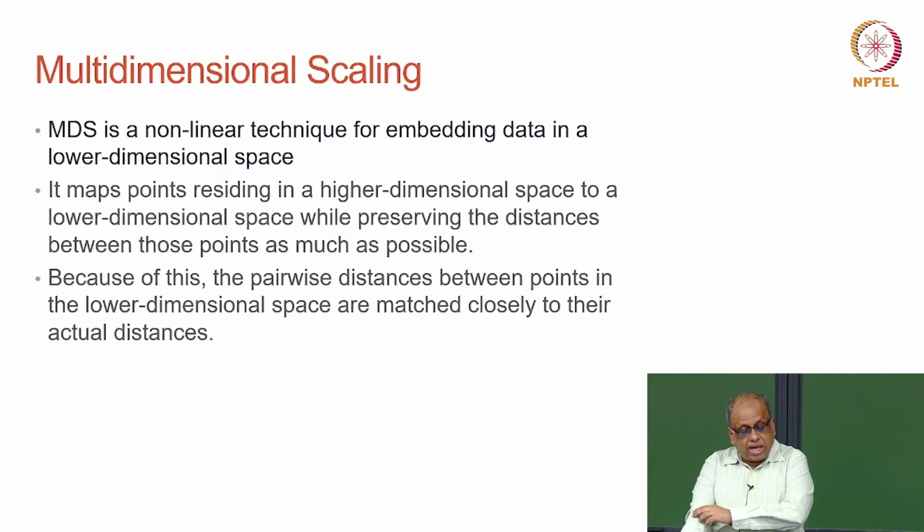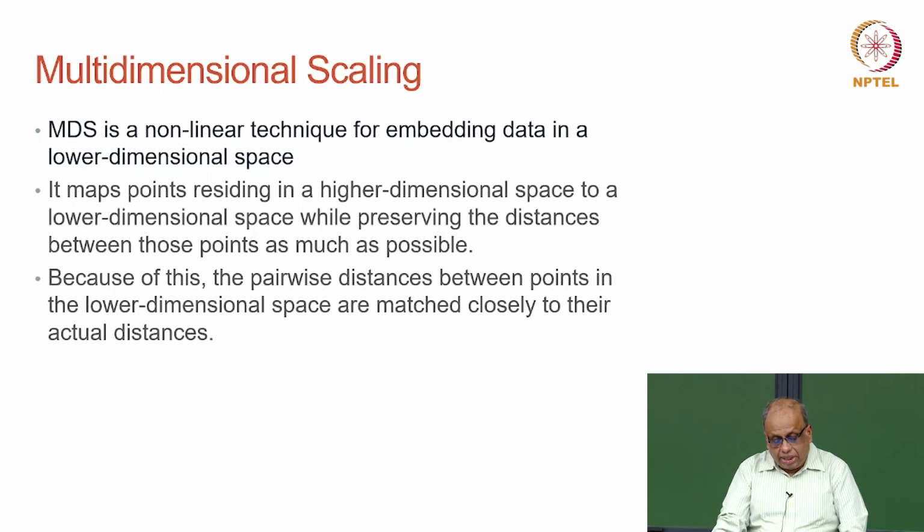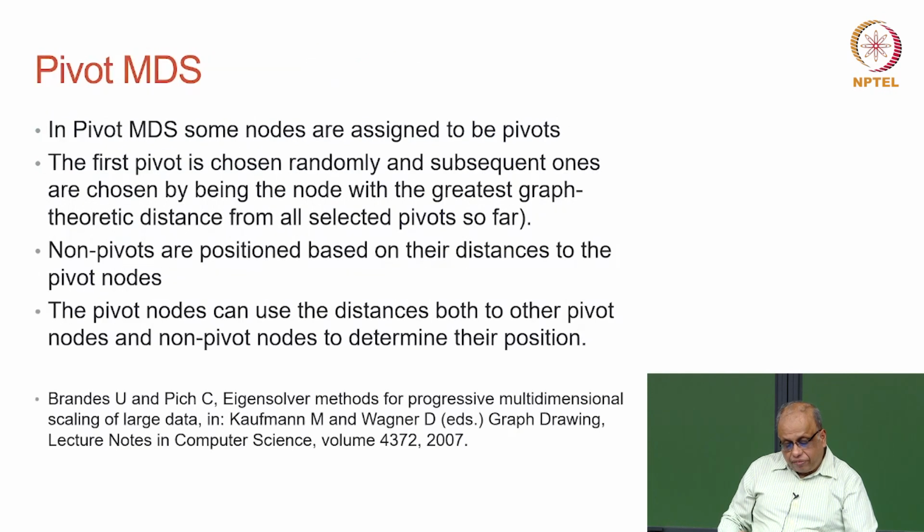MDS is another nonlinear technique for embedding data in a low dimensional space. In this case, it is not trying to get the principal components, but to keep the pairwise distances between the nodes mapped from the high dimension to the low dimension. This can be done for the graph also.